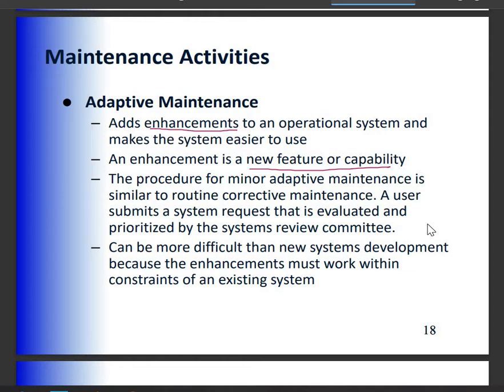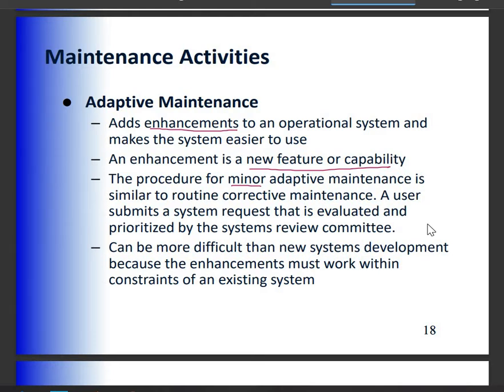Jadi kita ada juga minor adaptive dan major adaptive. Kalau minor adaptive, selalunya is similar to a routine corrective maintenance. Okay, a user boleh submit dia punya system request yang mana kita akan evaluate dan prioritize by the systems review committee.